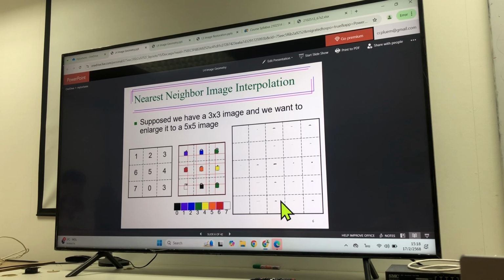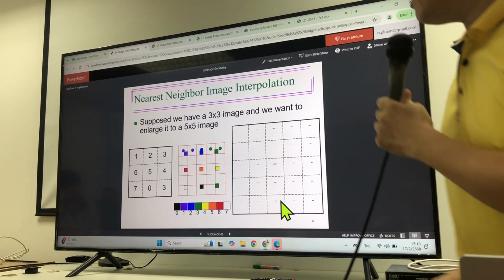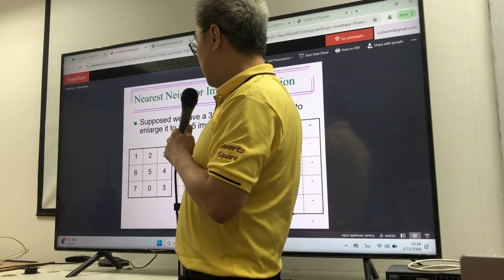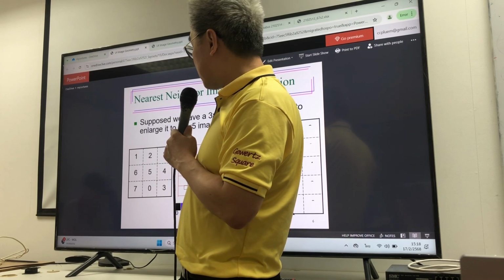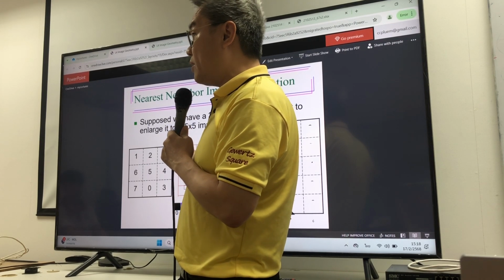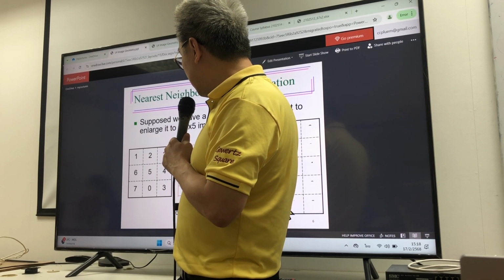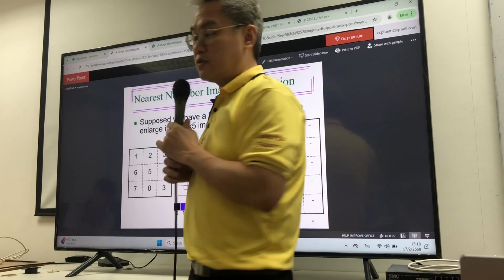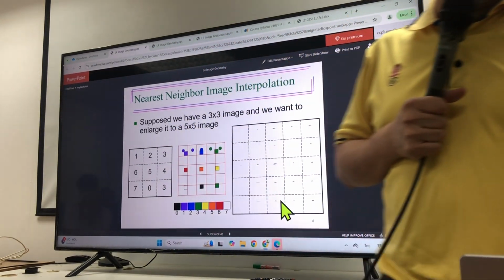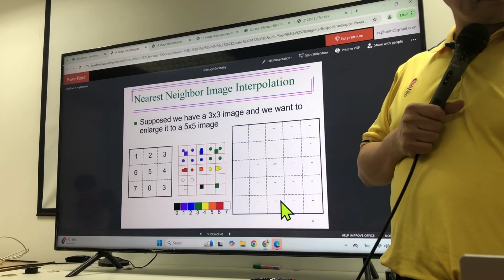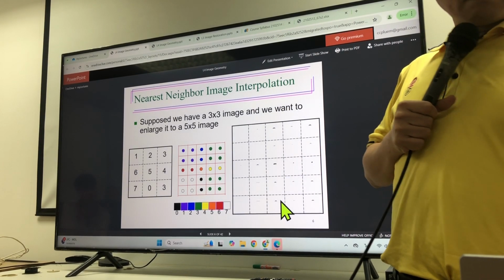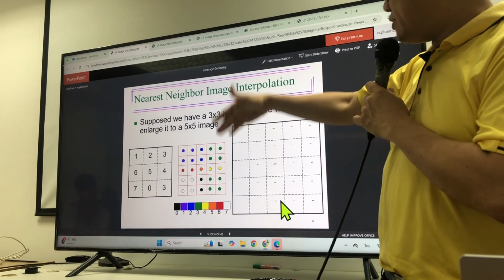And you see the center of the pixel. This is the center of the original pixels, and this is the center of the new pixel. Each new pixel takes the value of the nearest original pixel, and then you replace it back.